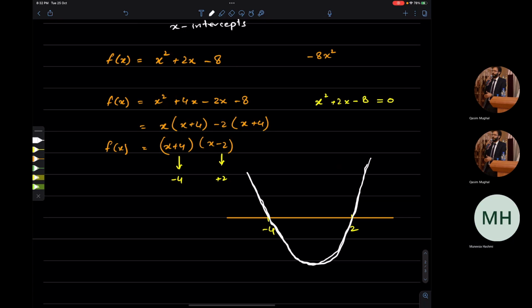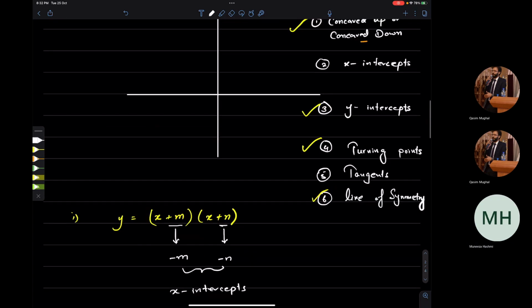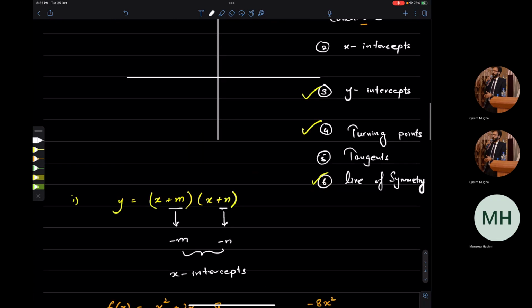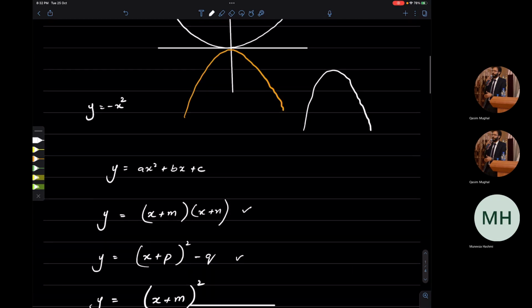All right, now while we are at it, let's discuss the line of symmetry as well. For every parabola, there is going to be a vertical line of symmetry like this. Whatever you have on the left, you will always have exactly the same thing on the right.